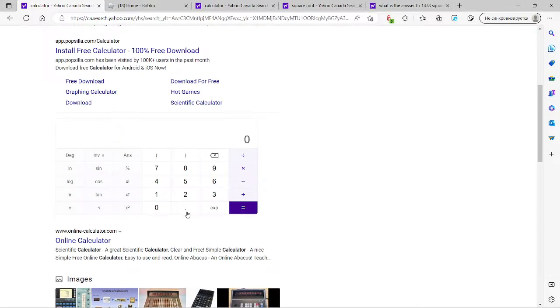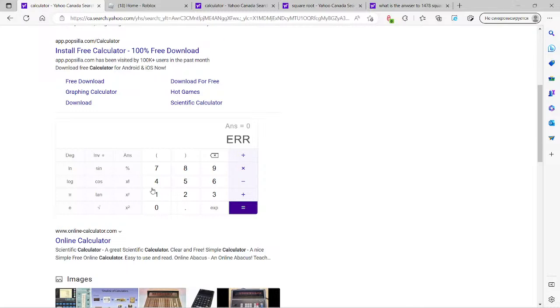Let's see. 1478 square root or square root. Oh no, not the same. Square root. What's the answer? But that's not the answer.